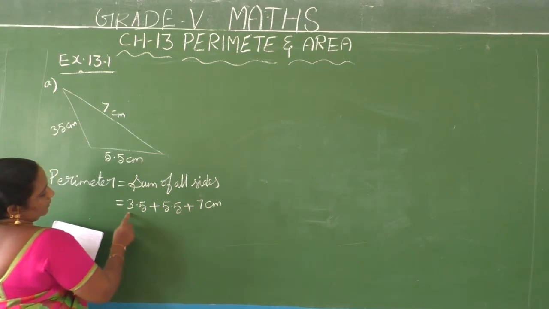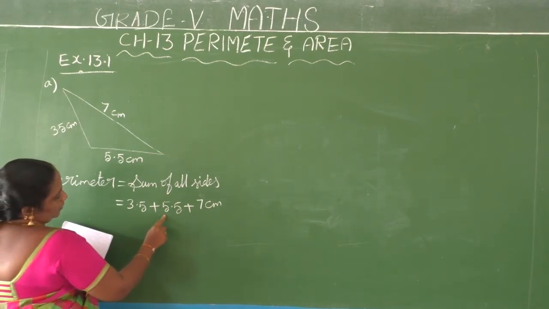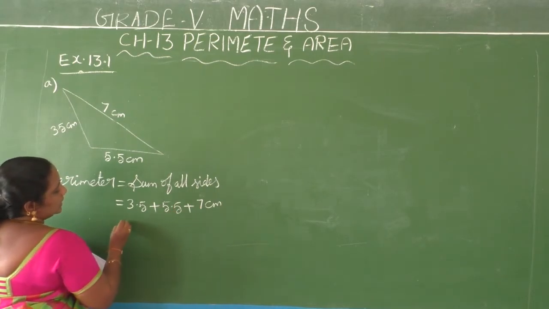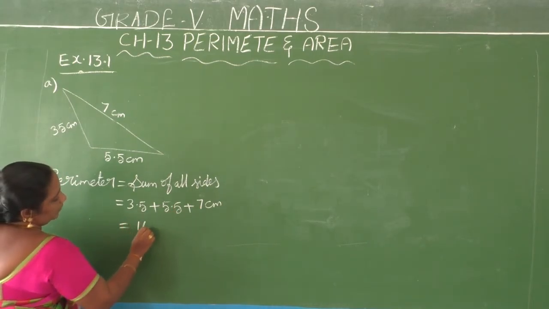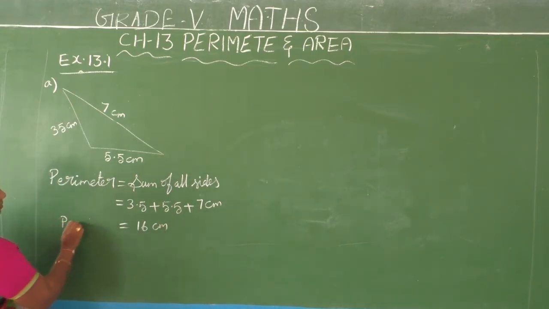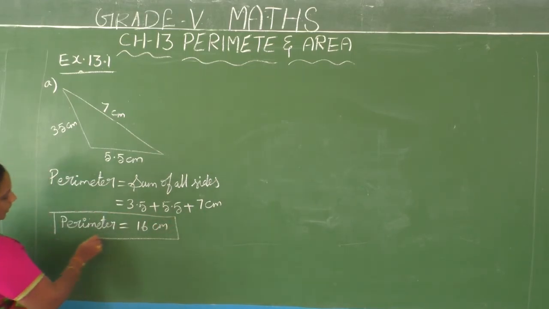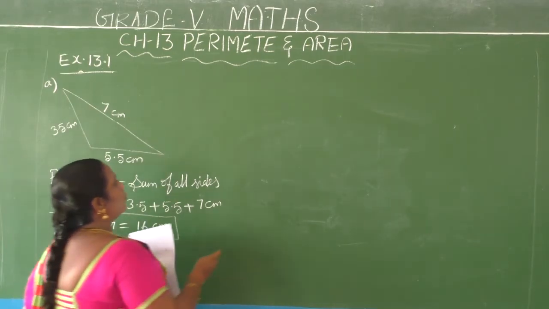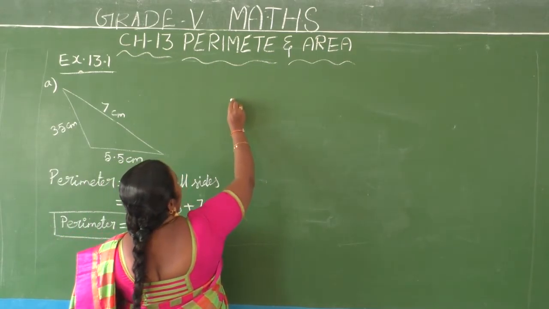What will come? 7 plus 3, 10. 10 plus 5, 15. Here 0.5, here 0.5, that means 16 centimeter. What is the perimeter? 16 centimeter. So the answer for the first one is 16 centimeter. Okay, we found the perimeter of this figure. Then see the next sum.